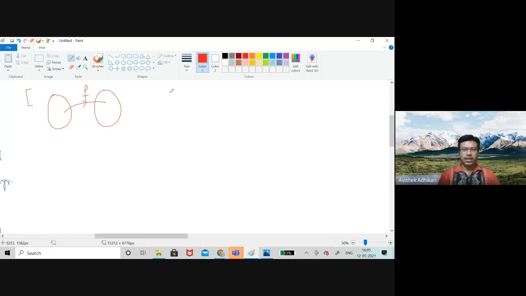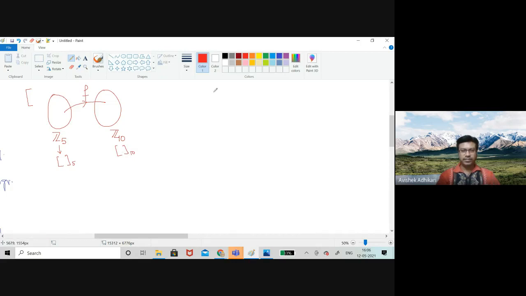Now suppose this is my set, say Z5, and say this is my set Z10. Now I am defining something. I am not talking about whether I am defining a function, but I am defining a very interesting thing. The element looks like a class of something: class of 5, and here class of 10.